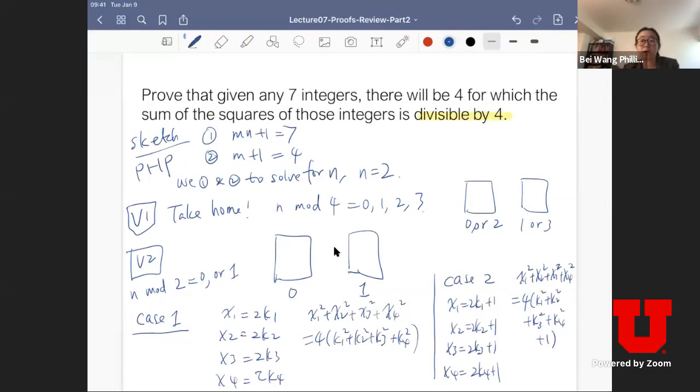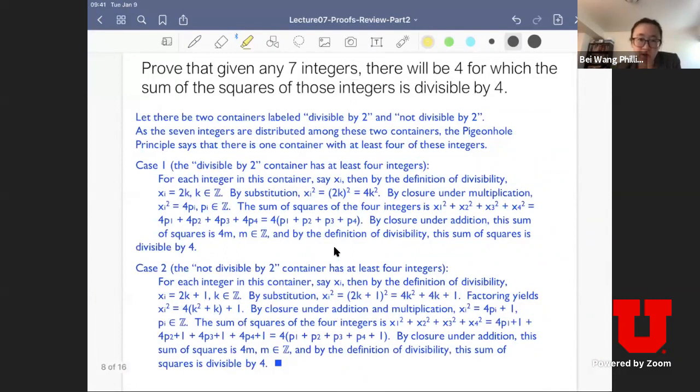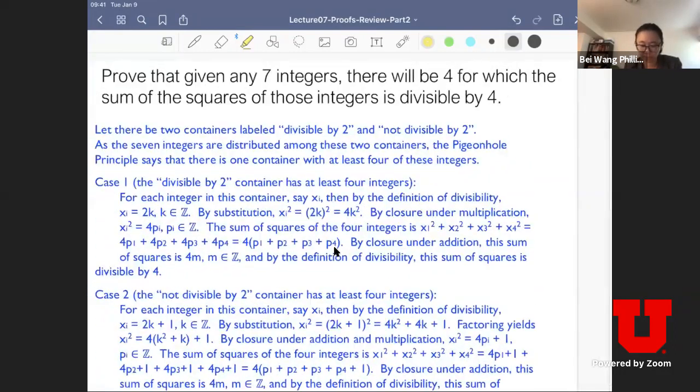Again, by closure property, this sum is also divisible by 4. So this is just a sketch. The main idea is that I can design a simpler container here, just based on whether an integer is even or odd. Of course, the details of the proof need you to use the definition of even or odd integers, substitution, and the closure properties of integers.